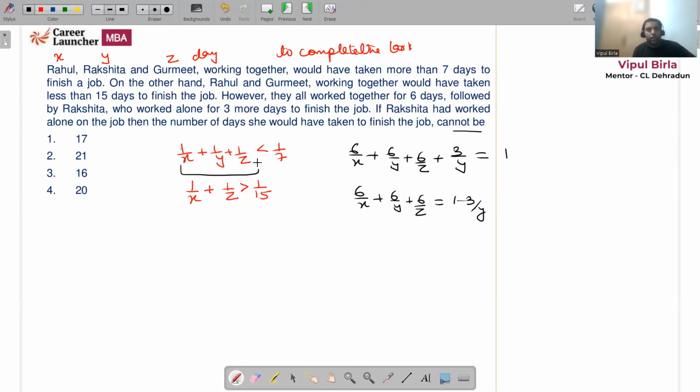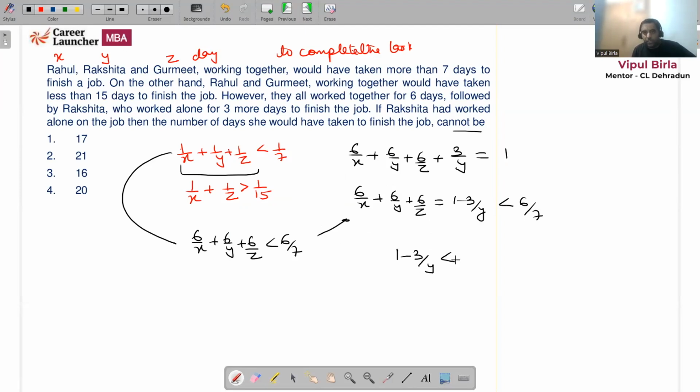Now, since 1 upon X plus 1 upon Y plus 1 upon Z is less than 1 by 7, it can also be written as 6 by X plus 6 by Y plus 6 by Z is less than 6 by 7. Hence, this value is less than 6 by 7. So from this, I got to know 1 minus 3 by Y is less than 6 by 7.